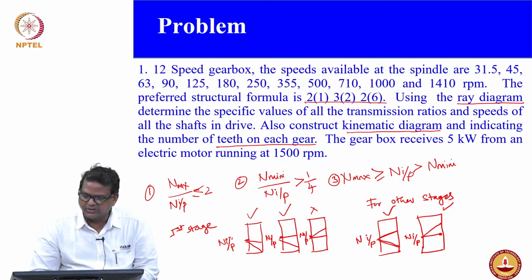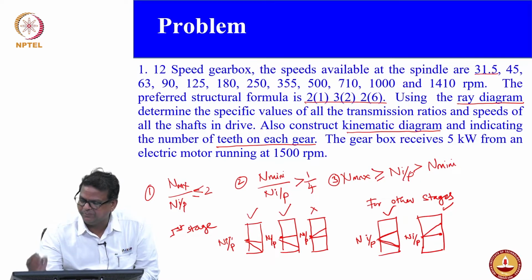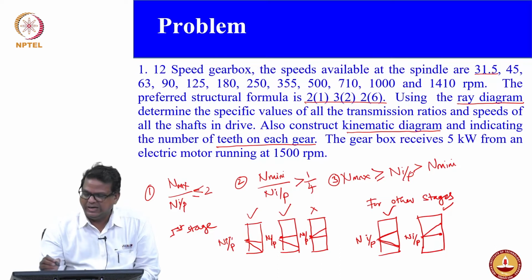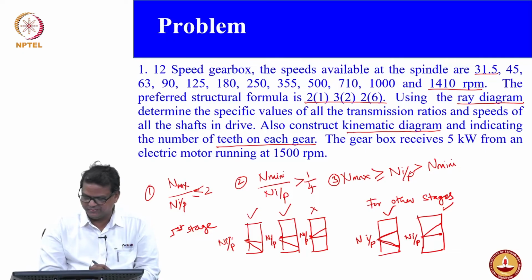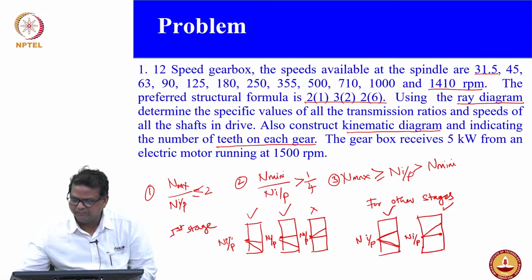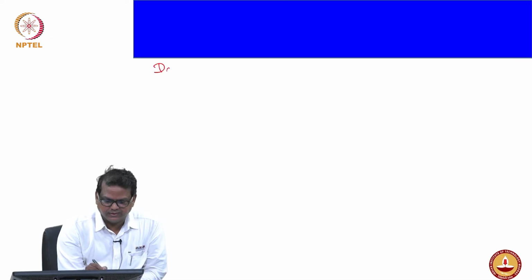Also we have 31.5 rpm as the minimum speed and 1410 rpm as the maximum speed. Let us solve the problem. The data given is a 12 speed gearbox.